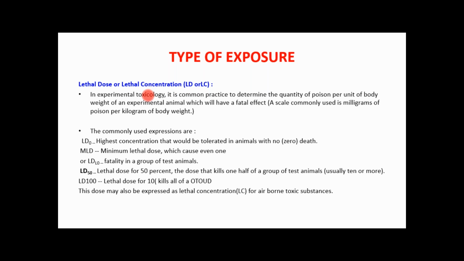In experimental toxicology, it is a common practice to determine the quantity of poison per unit of body weight of an experimental animal which will have a fatal effect. So what the scientists are doing in various institutes is experiments for the fatal effect.